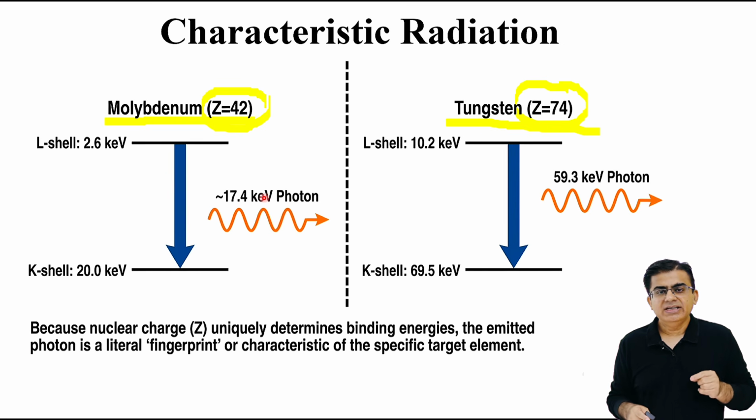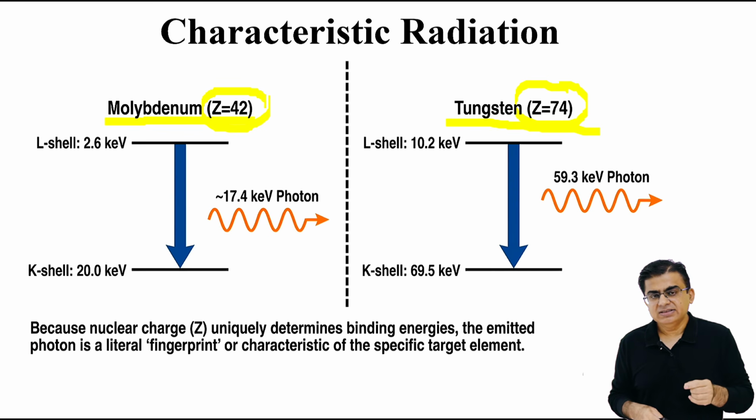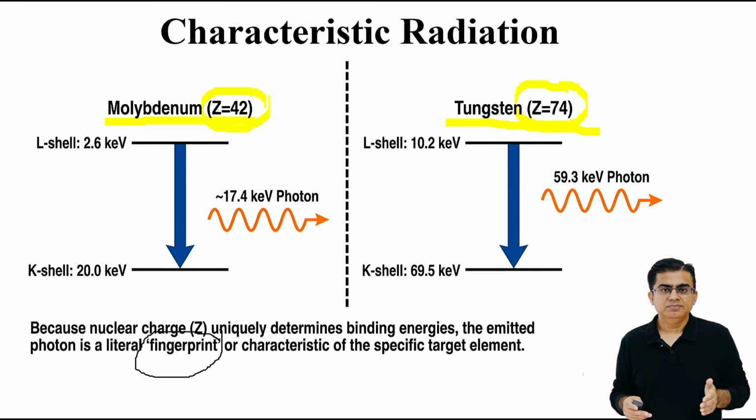I want you to really think about what this means for us clinically. The exact energy of these X-rays produced is completely controlled by the number of protons in the nucleus. Every single element in the periodic table has its unique set of binding energies. Because of this, the emitted X-ray photon acts exactly like a fingerprint for that particular element.